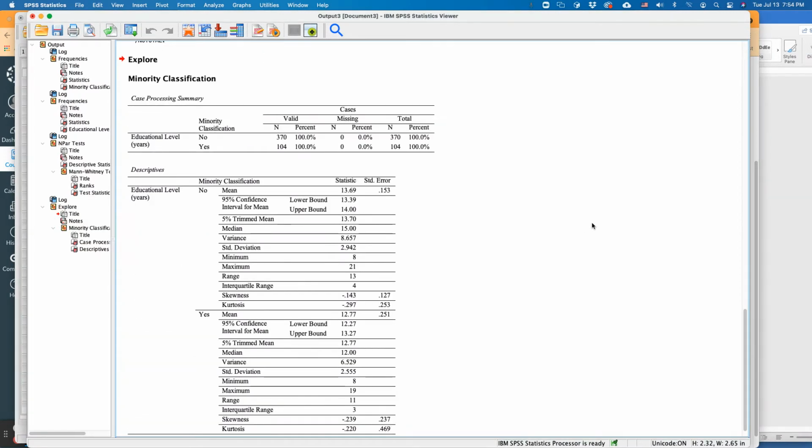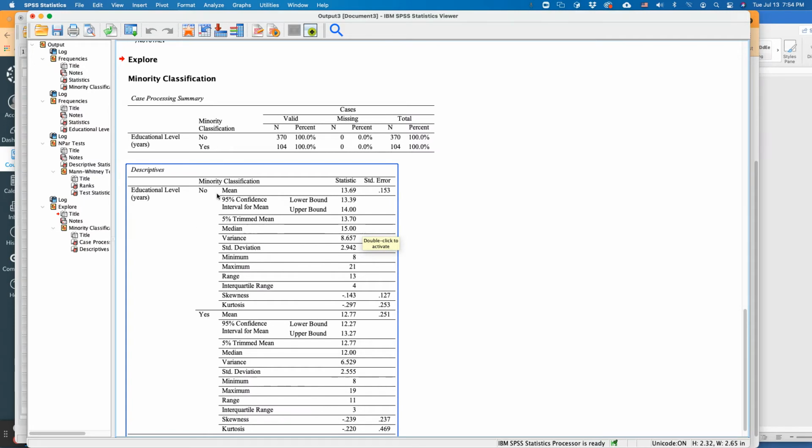Okay. So here we are. And now, because these are ordinal variables, we're more interested in the median than we are in the mean. So we see here the median is 15 for those who are not minority in terms of years of education, and the median is 12 for those who are.